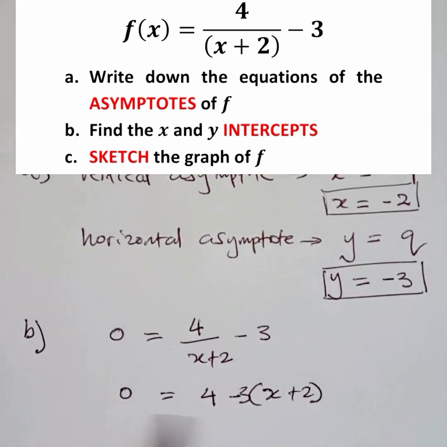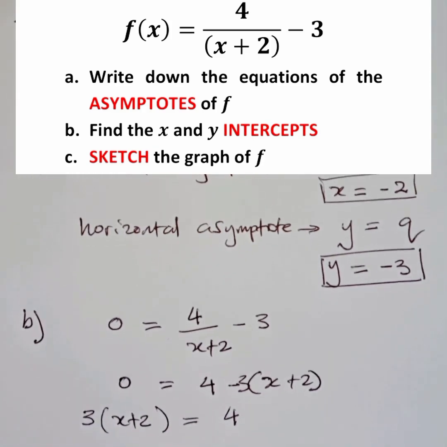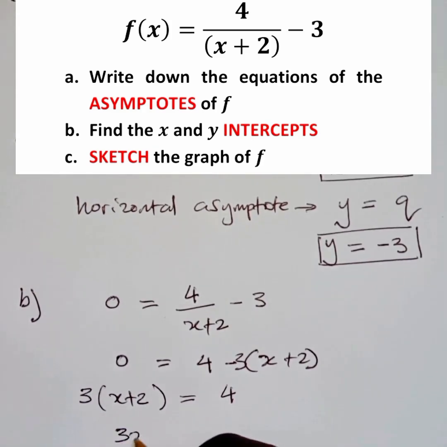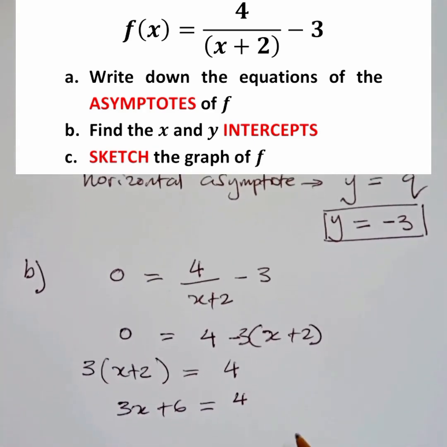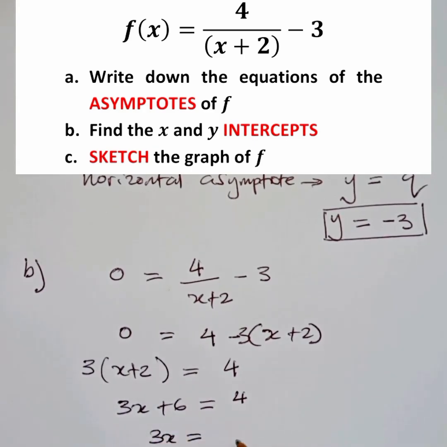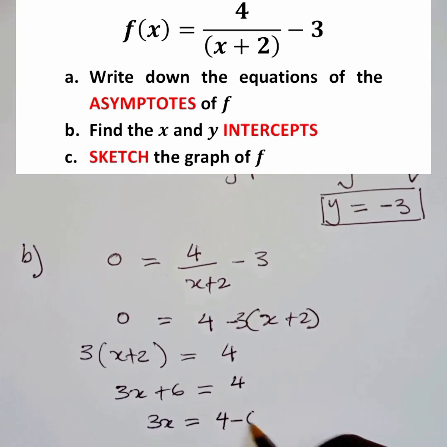Now I'm just going to solve that equation. I'll take all of this to the other side of the equation. I'll have a positive 3(x + 2) = 4. Now I expand. 3x + 6 = 4. Now I'll take the 6 to the other side. 3x = 4 - 6.